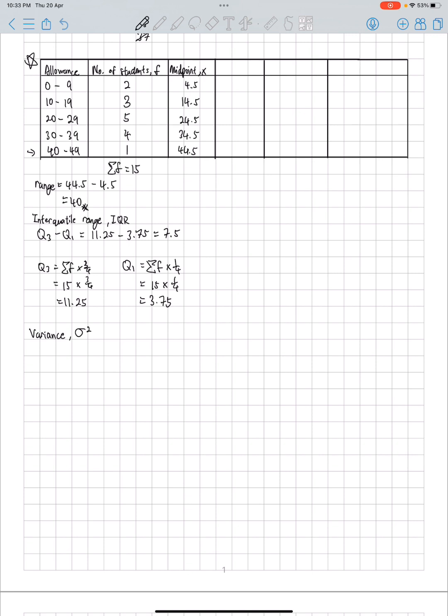The variance formula is the total of fx square divided by the total number of frequency, minus the mean of the data square.